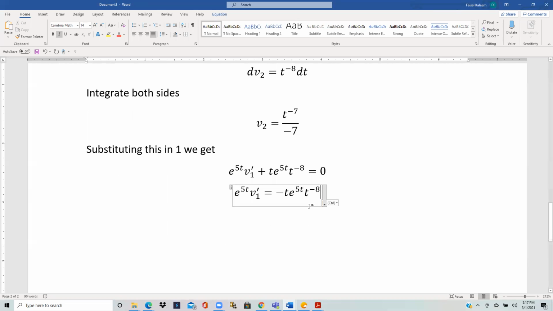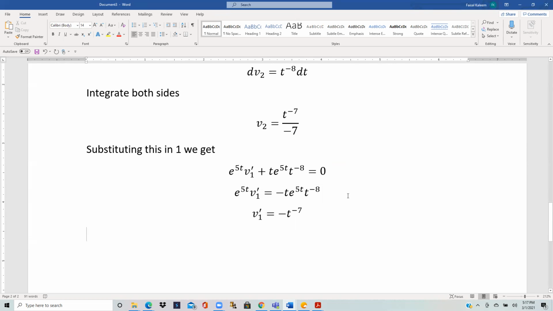And then you divide out by e to the 5t, so you just get v1 prime on the left, equals, and now this one simplifies. T times t to the negative 8 becomes t to the negative 7. Right? And then we integrate this to get v1.